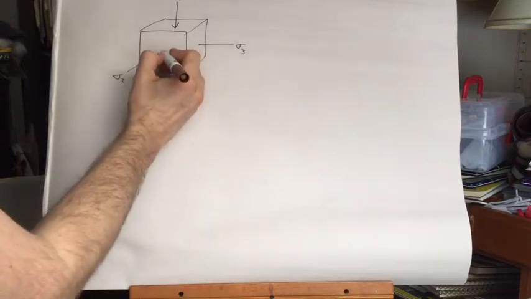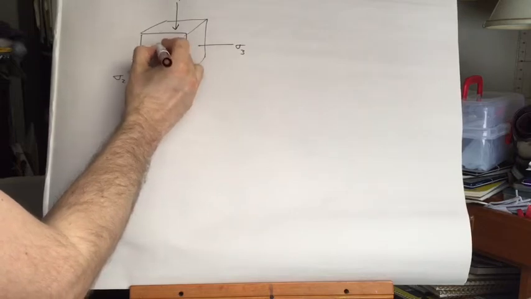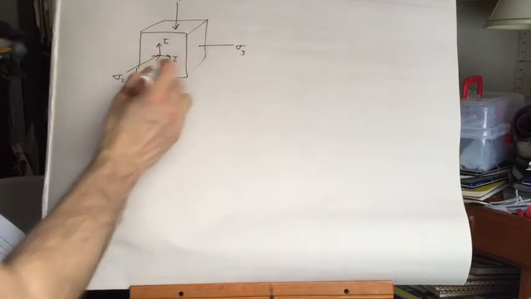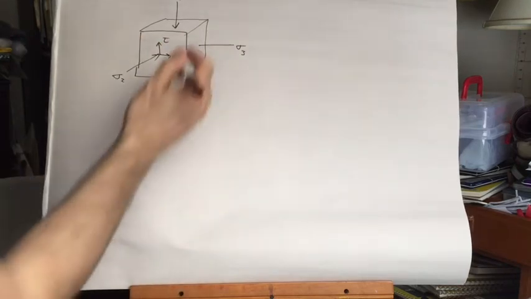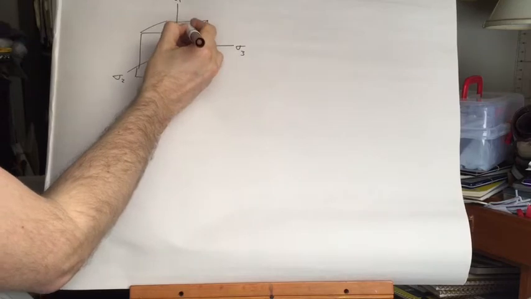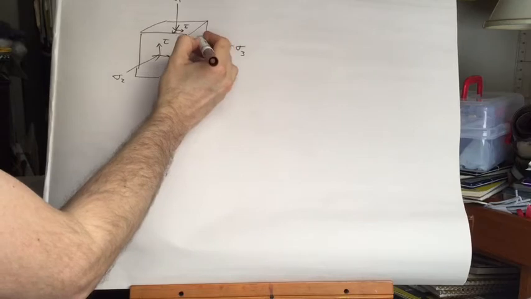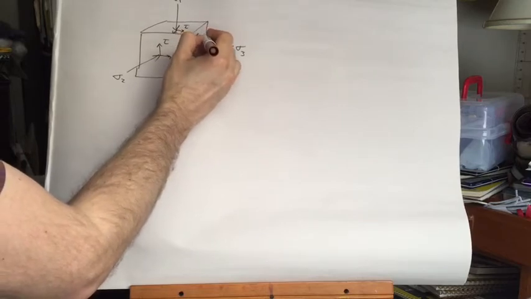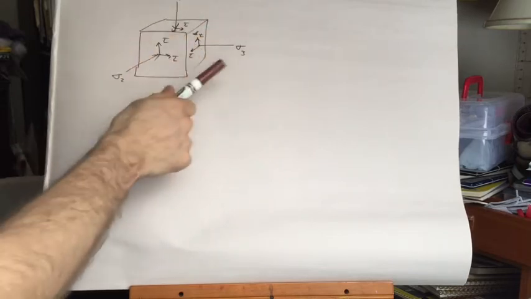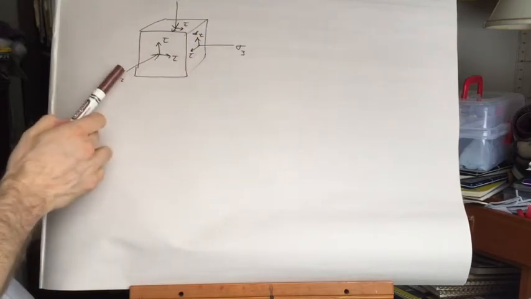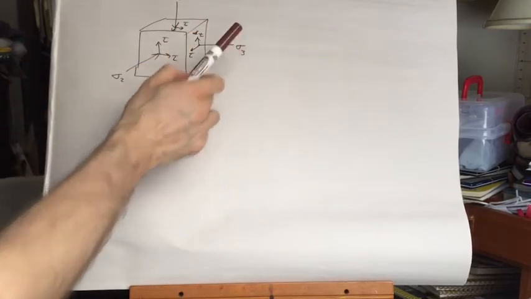And each surface is going to feel shear stresses in both directions on that plane. I'm not worrying about the sign conventions here. We're not going to get into it to that level of detail. But you can see, if you think of it like this, there's 9 elements here. 1, 2, 3, 4, 5, 6, 7, 8, 9.